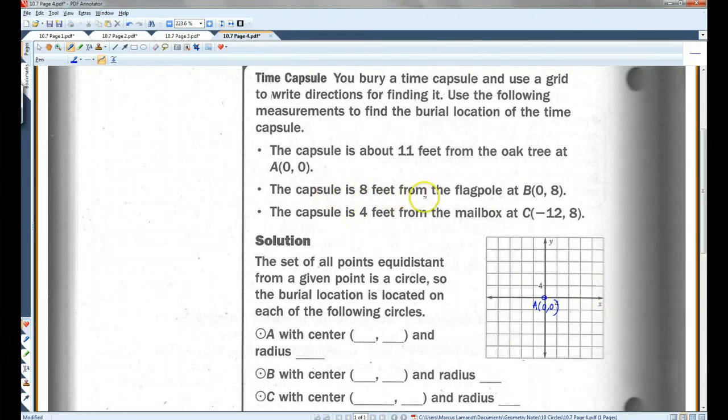The capsule is 8 feet from the flagpole at B(0, 8). So each of these lines are 4, so (0, 8) would be here. So 8 feet in some direction. The capsule is 4 feet from the mailbox at C(negative 12, 8).